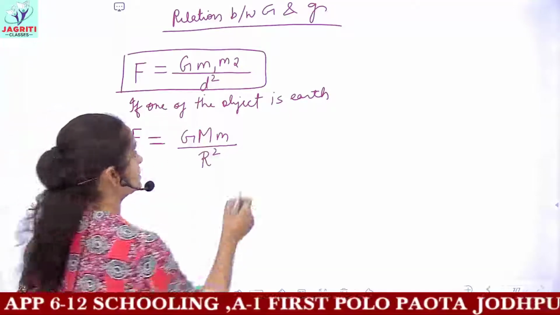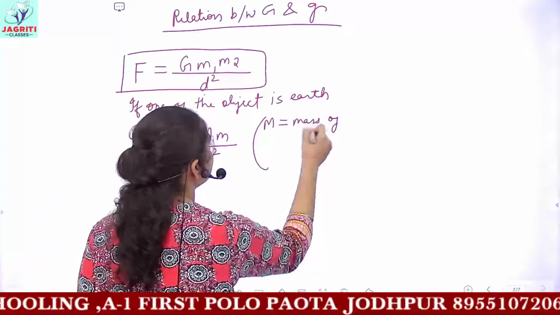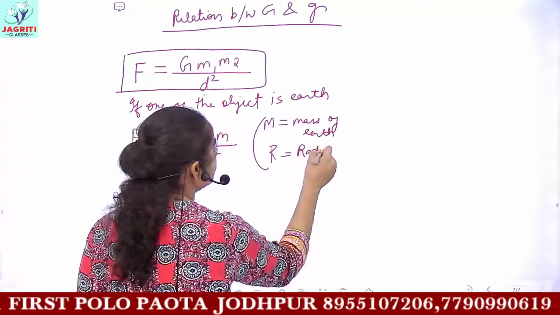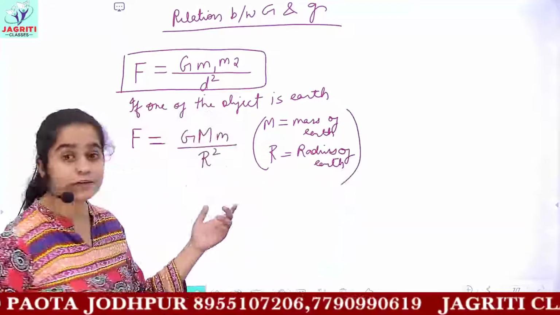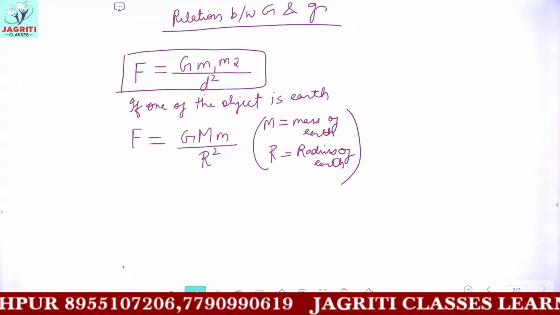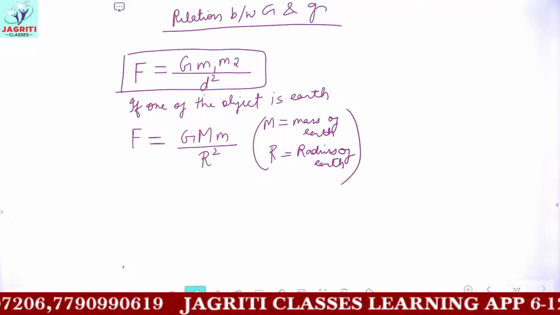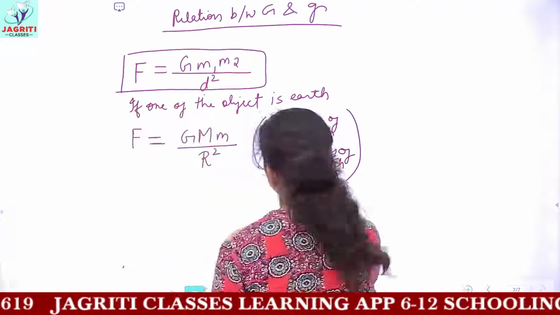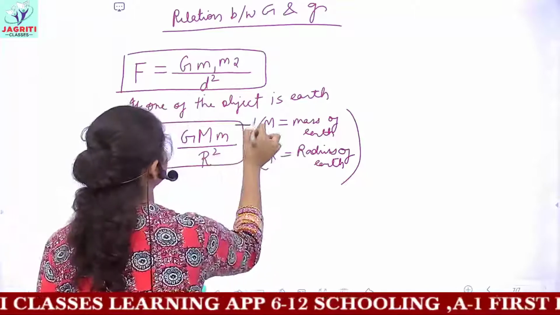Capital M is the mass of Earth and capital R is the radius of Earth. If you have any confusion in this formula, we discussed it in this class, so you can go back and see the values and the formula. I would call this my first equation here.